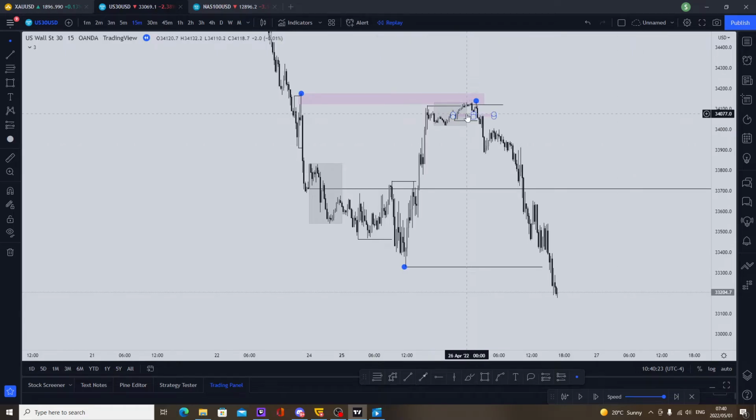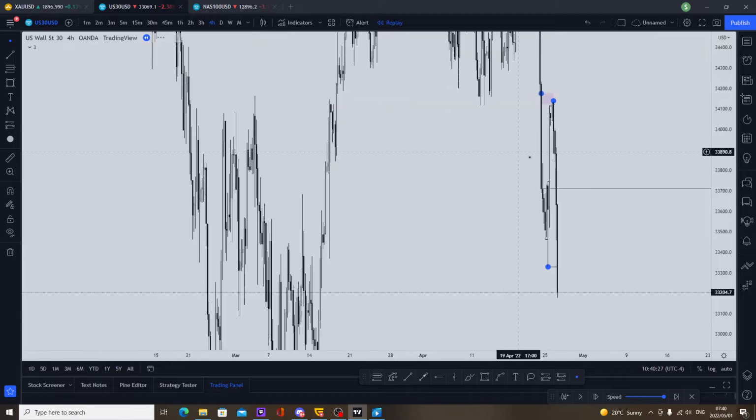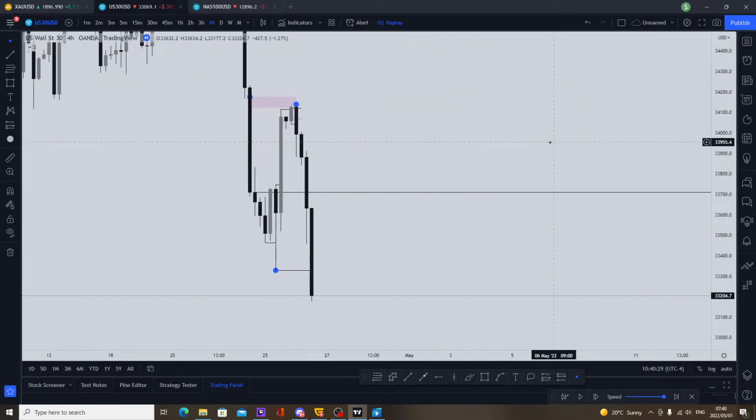Remember, we have this area where market did not come and fill, but let's check on higher time frame and try to understand. Okay, on higher time frame, I can see we have this open candlestick here. This open candlestick will be a candlestick that we have to monitor in case we get the major decision point for us to go to the upside.